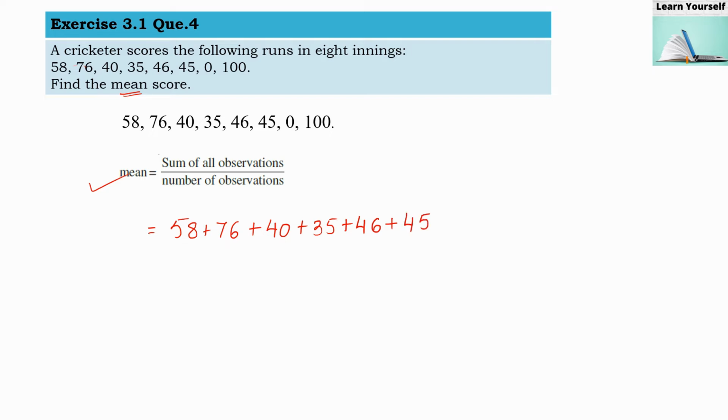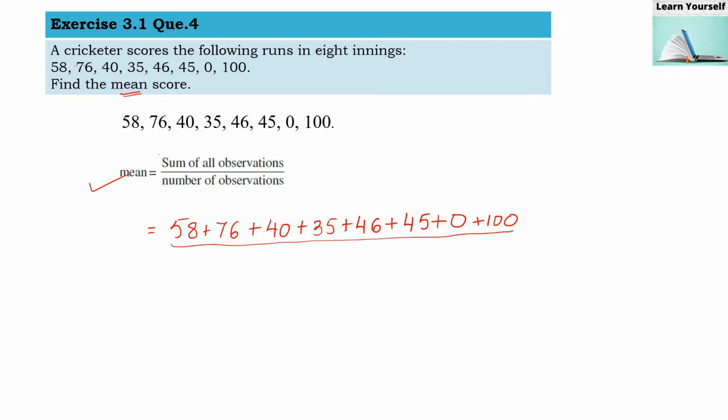He made 0 runs, but we are going to write it here because that is one of our observations. Even though there are no runs, we are going to count it because that is also an observation. So 0 and then 100 divided by the number of observations.